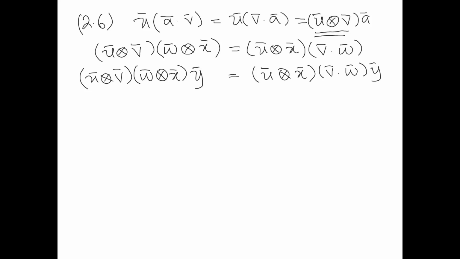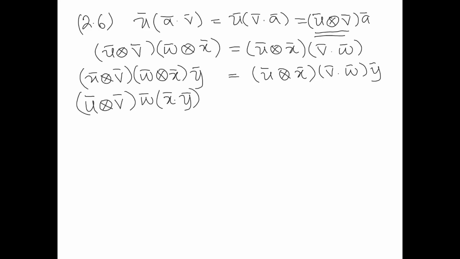So let's deal with the left-hand side first of all. You know that I can rewrite this as u, the output of v, w, x dot y. We know that from chapter 1.